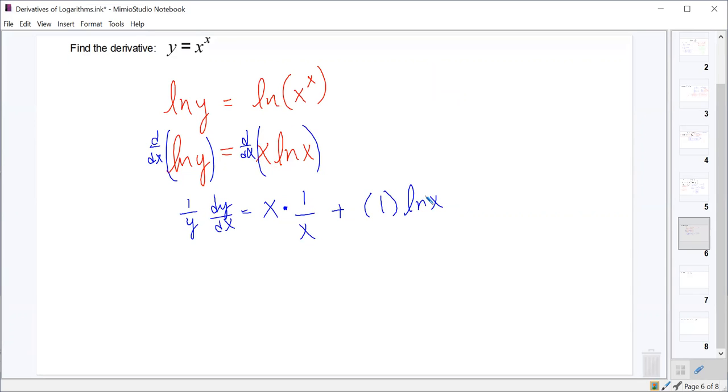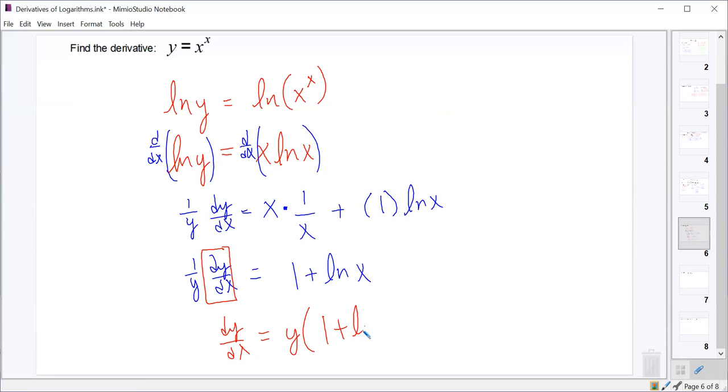And so we end up with 1 over y dy dx equals, well, x times 1 over x is just 1, right? So 1 plus ln x. And we need to find dy dx, right? So dy dx ought to be y times 1 plus ln x. How do we feel about that answer?